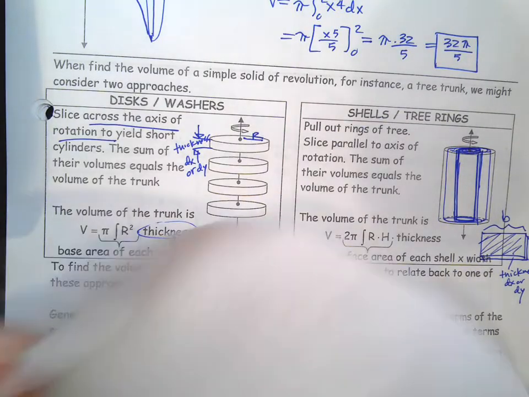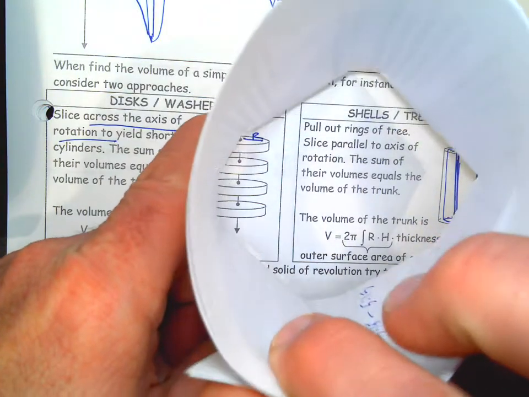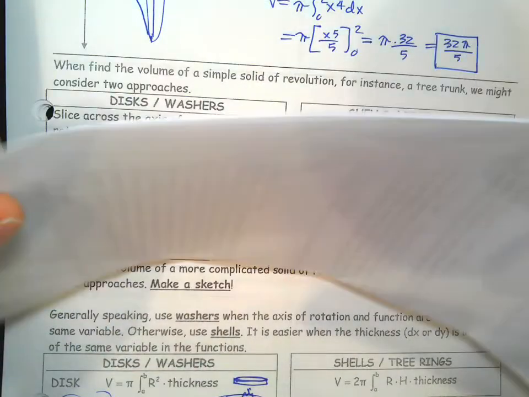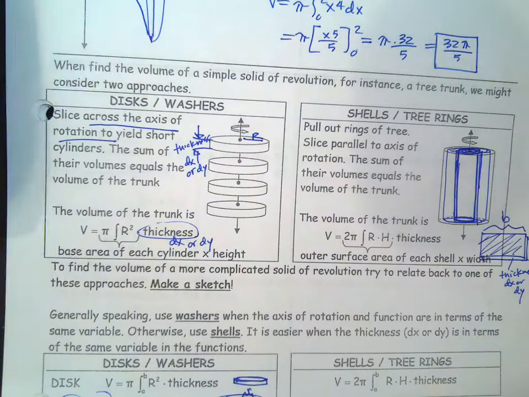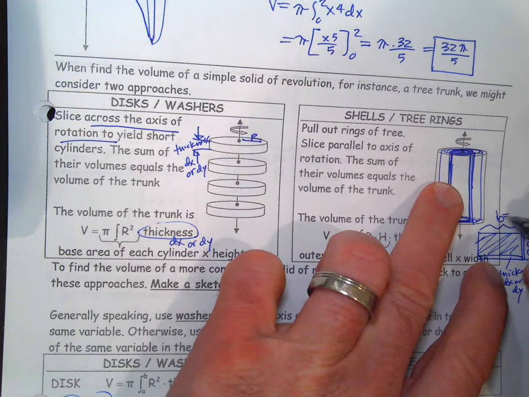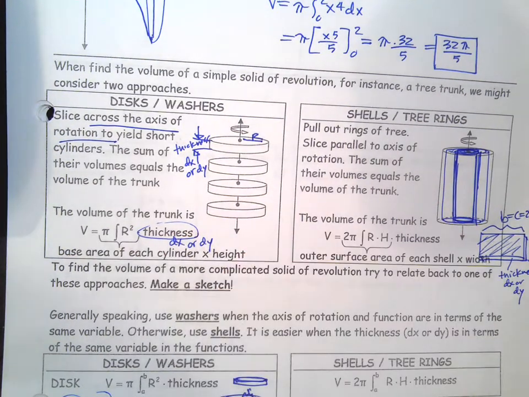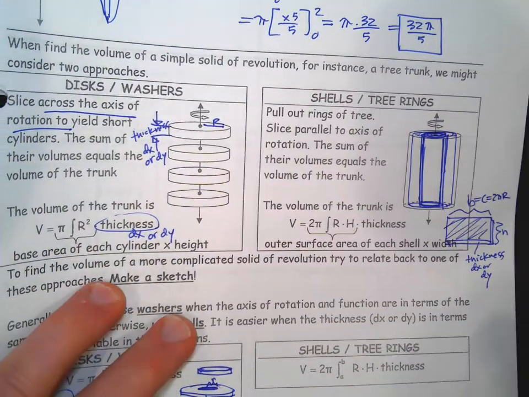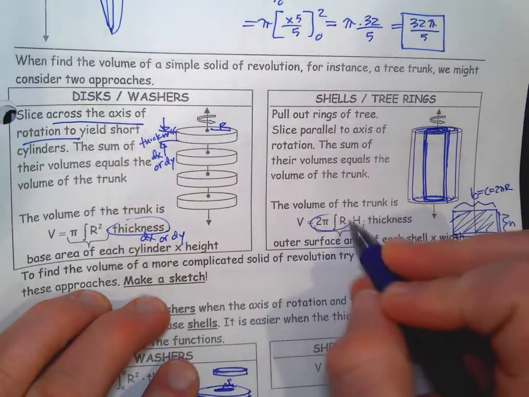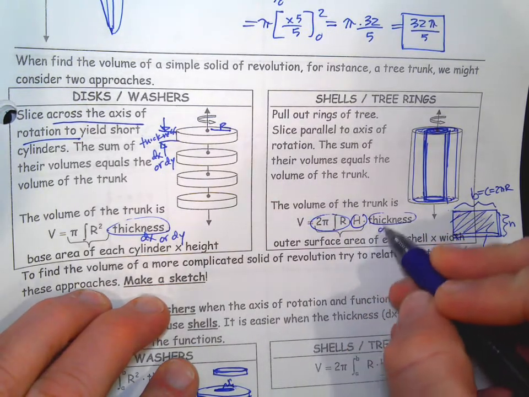It was this circular thing, and then we cut it open, and this length all along here is the base, and that came from the circumference of the shell. So this equals the circumference, which is 2 pi r. So we're going to do 2 pi r times h times the thickness, dx or dy.